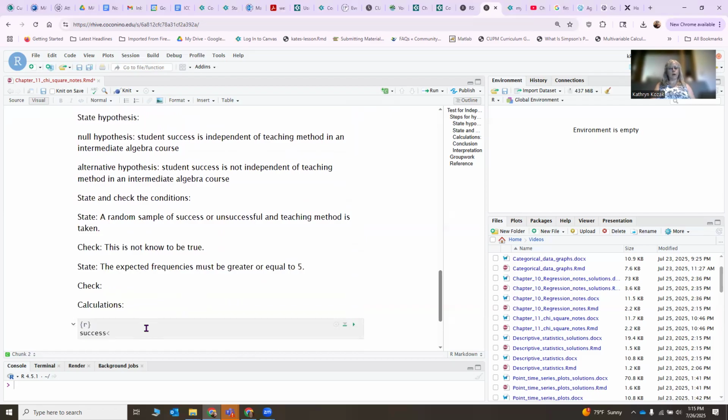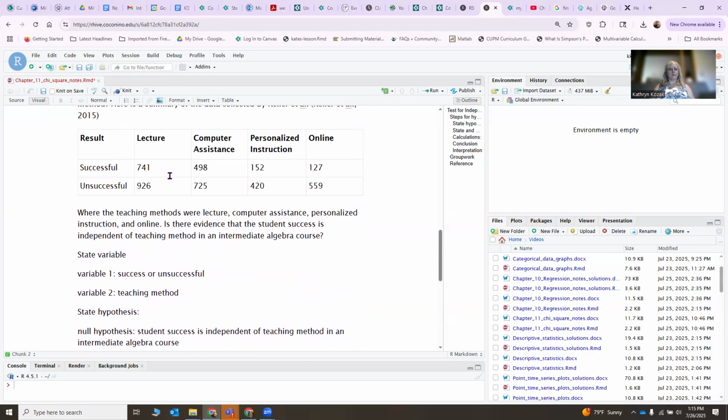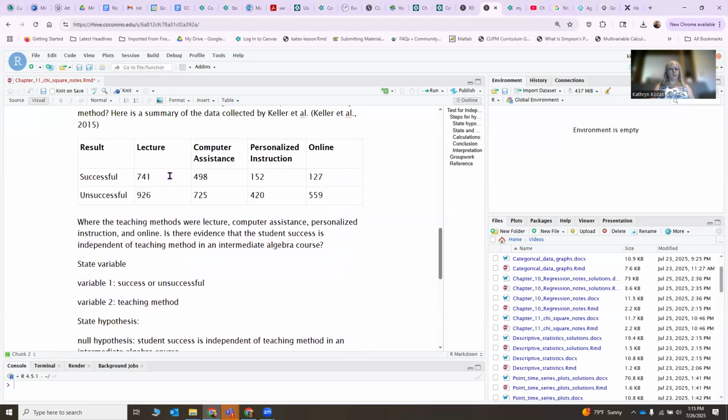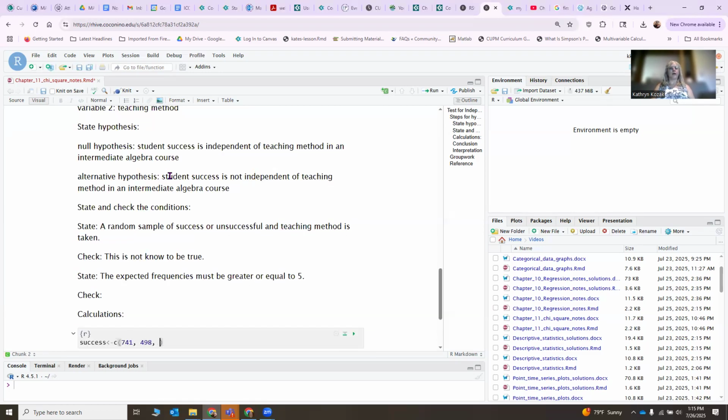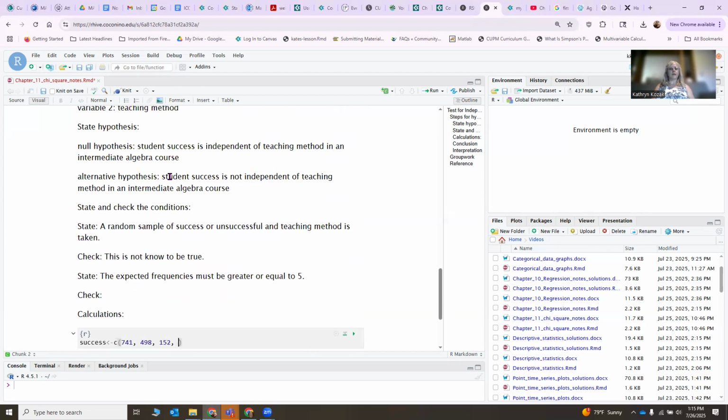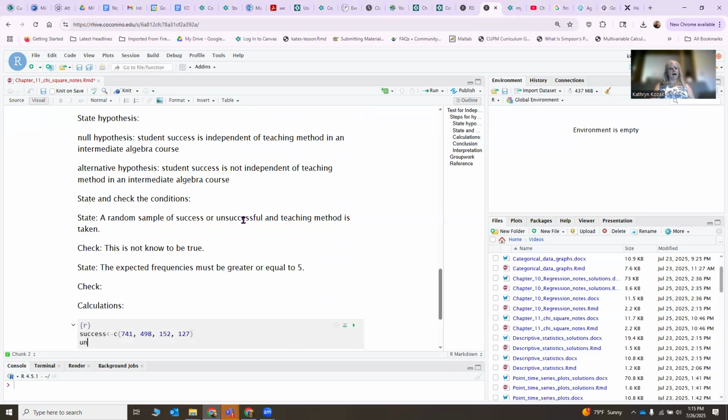You don't have to call them row one, but I'm going to use row one, so I'm going to call it success. And then my success row was 741, and then the next number was 498. Notice I put a comma after each one of those numbers. Next one was 152, and the last number is 127. So there's my row one, my success.